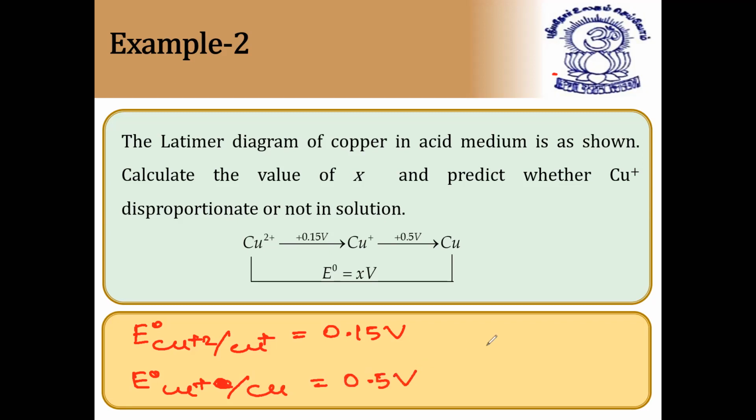Now they're asking E degree of Cu plus 2 to Cu directly, total, is equal to how much? That is X. We have to calculate the value of X by using these values. By using the formula, we can find it easily.